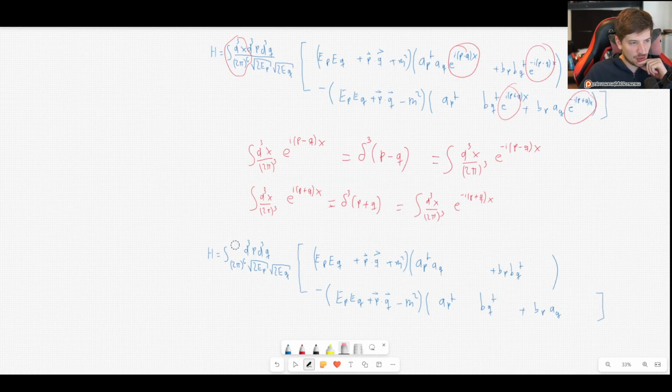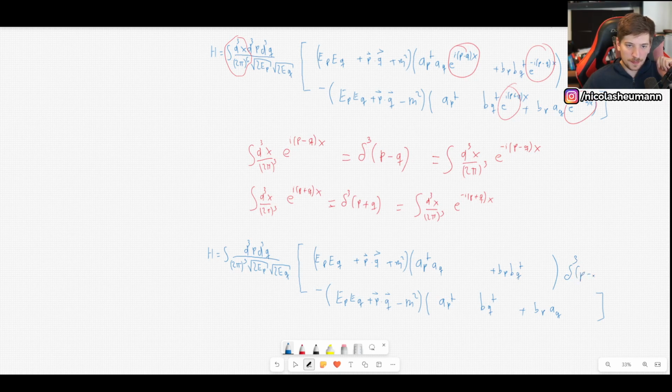So instead of all of this, what we now have, well, let me rewrite this line and the 2 pi cubed. So what we now have is up here, we have delta cubed of p minus q, and down here we have delta cubed of p plus q.